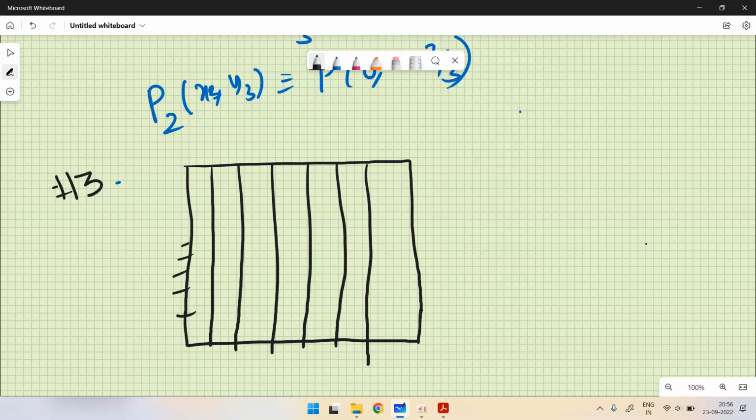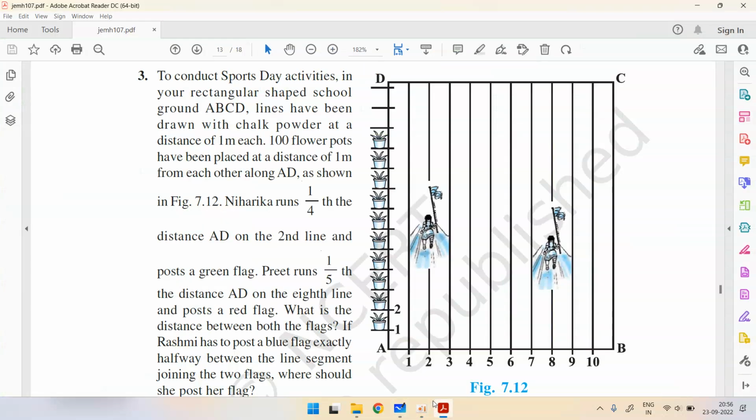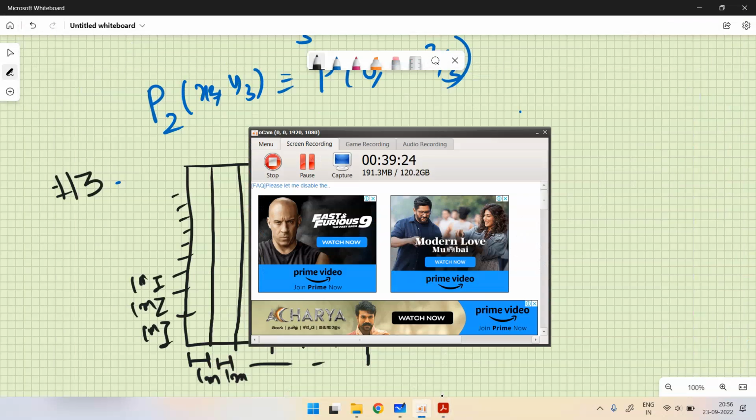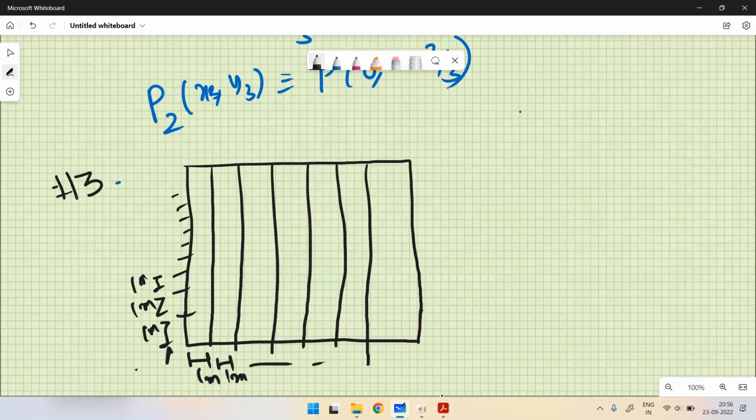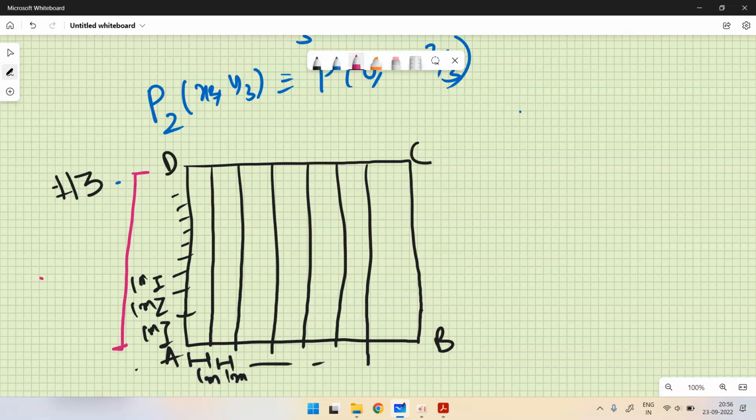Pots are placed at 1 meter, 1 meter, and so on along the sides. This is my A, B, C, D. Since 100 pots are placed, this distance will be 1 meter into 100, which is 100 meters, and here 10 lines are made, each at 1 meter, so this is 1 meter into 10, which is 10 meters.